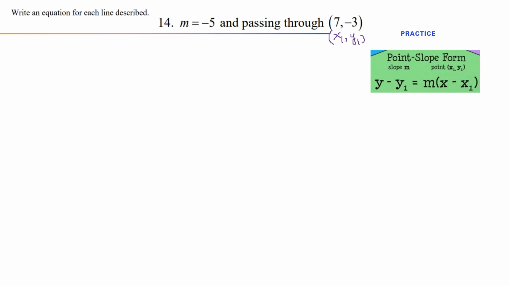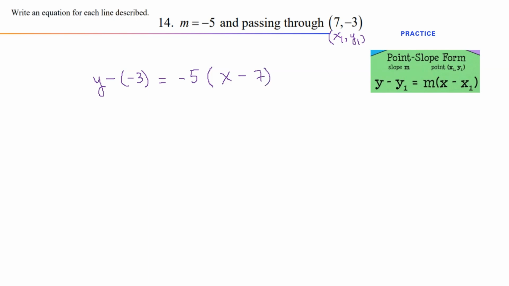Now we write out y subtract y1, which is negative 3, equals m, which is negative 5, open parenthesis x minus x1, which is 7.